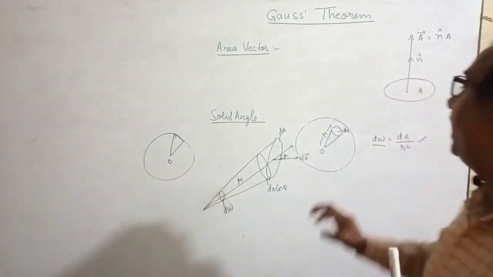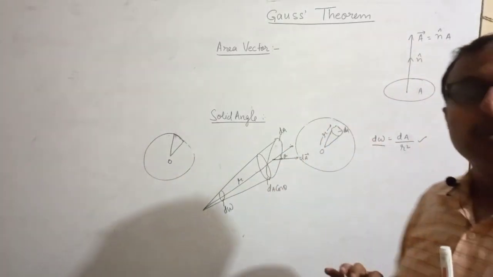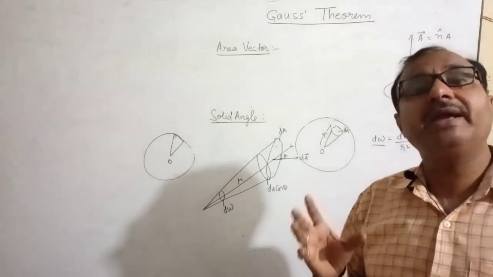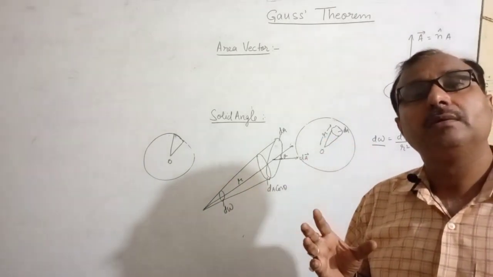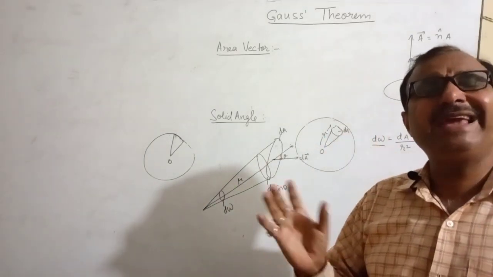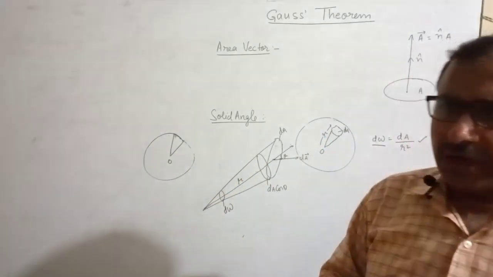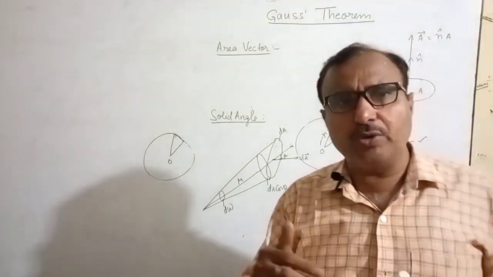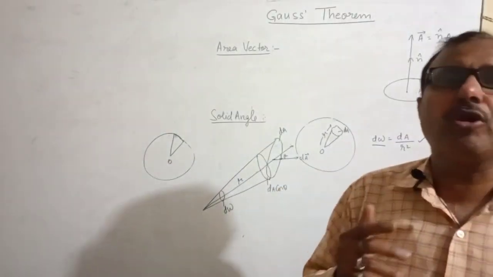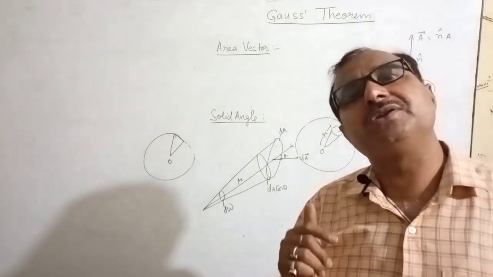What is dA? It is the area of some part of the sphere. Here, d is mostly utilized in case of differentiation. Two terms are very common, differentiation and integration.